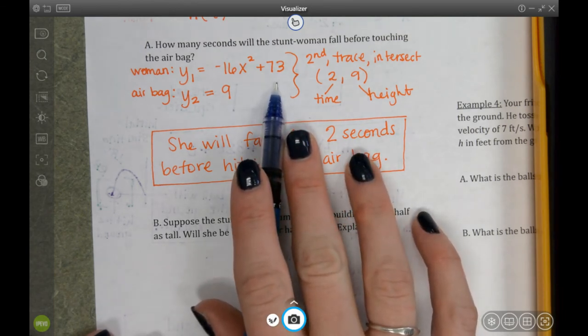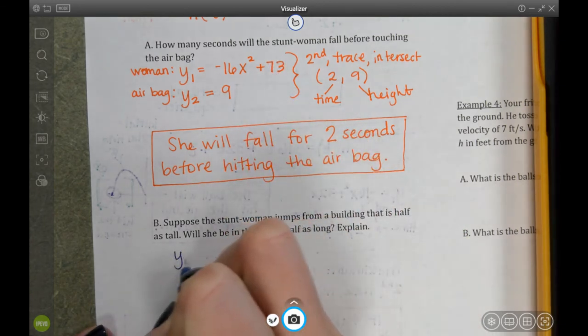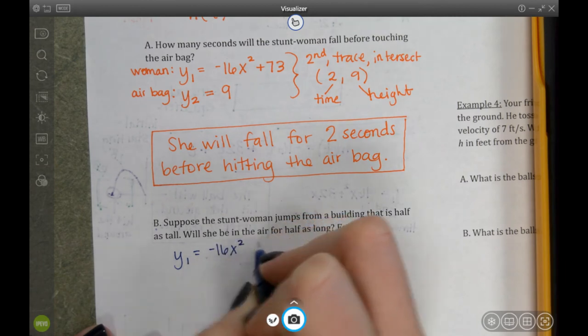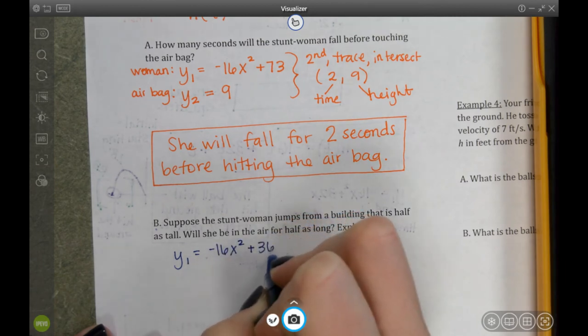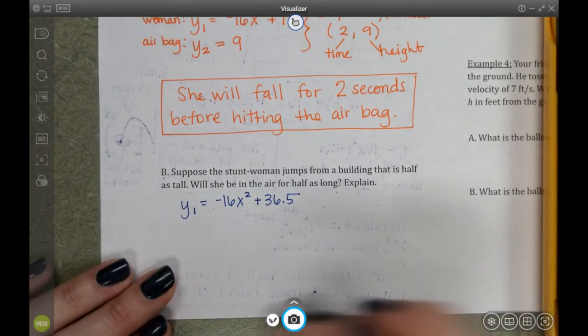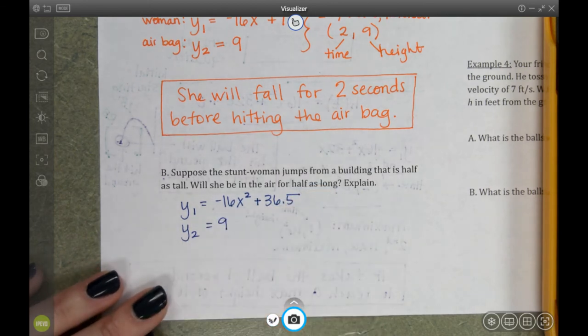Yep, the only thing that's going to change is I'm going to take this 73 and I'm going to change it to a 36.5. So I'm going to let y1 be negative 16x squared plus 36.5. I'm going to keep y2 at 9 because the airbag did not change.